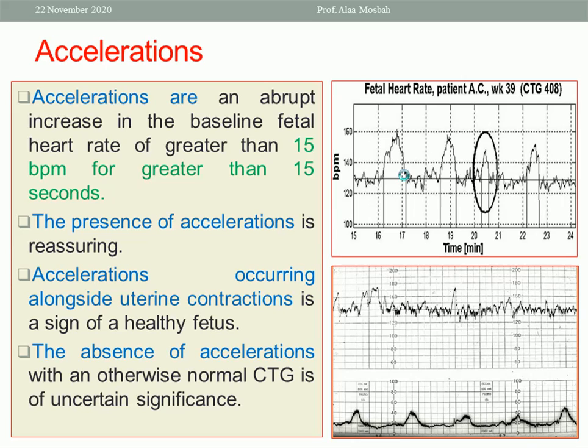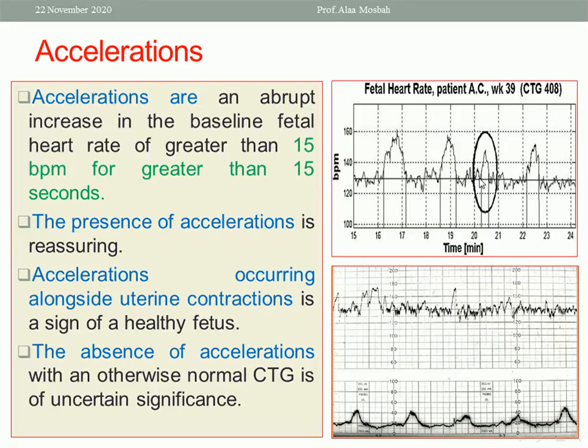Let us talk about acceleration. What does it mean? An abrupt increase in the baseline fetal heart rate of greater than 15 beats per minute for more than 15 seconds. As you see, this horizontal is for the time, so more than 15 seconds.